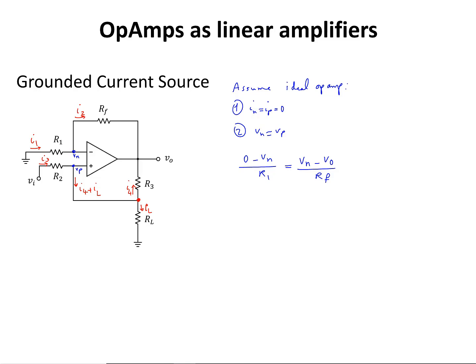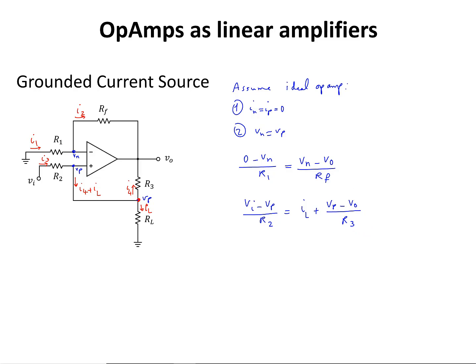From the other one at node P, Vi minus Vp divided by R2, this is my I3 current, is going to be equal to IL plus, now for I4 I'm going to write it at this Vp node, Vp minus Vout divided by R3. This is the value of I4.